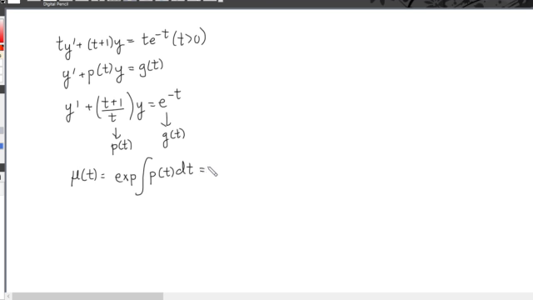In this particular case, that would be the integral of 1 plus 1 over t dt, which is t plus ln t. Oh wait, this is supposed to be e to the power of that, so it's e to the power of t plus ln t plus c.